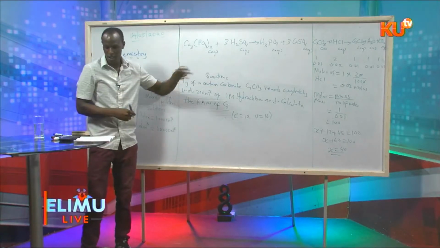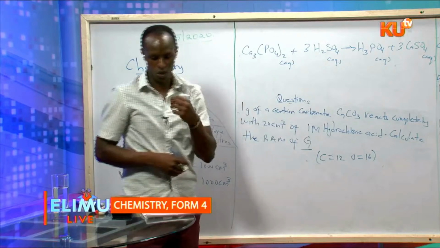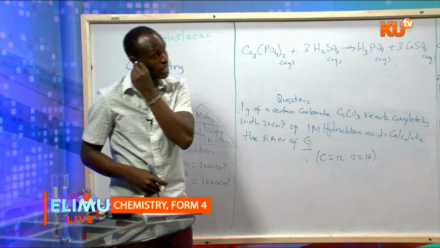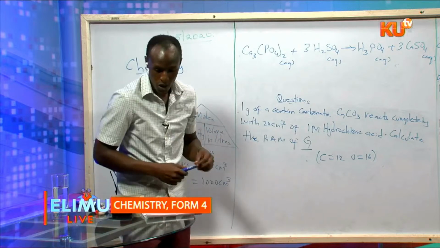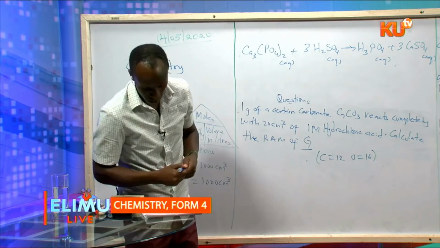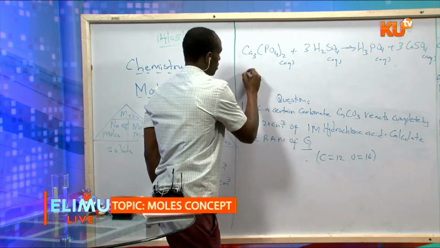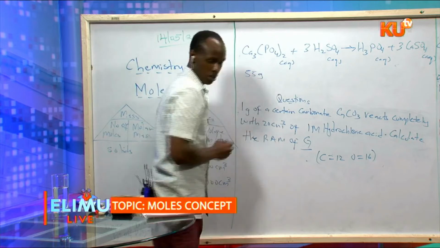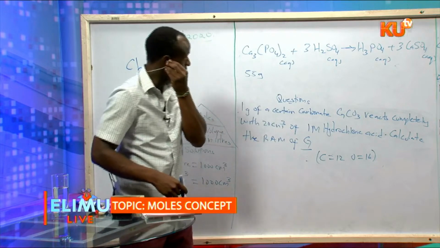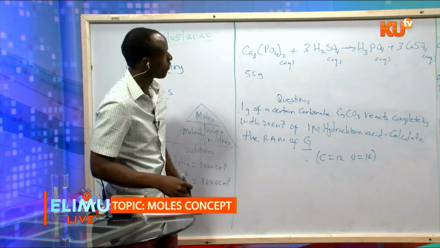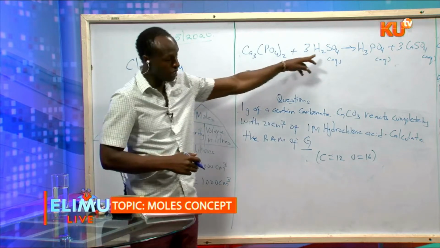The question is, calculate the mass in kg of phosphoric acid that will be obtained if 55 grams of calcium phosphate reacts with the acid, if the acid is sulfuric acid.